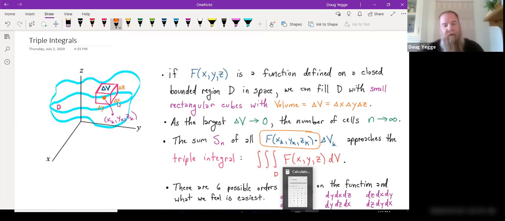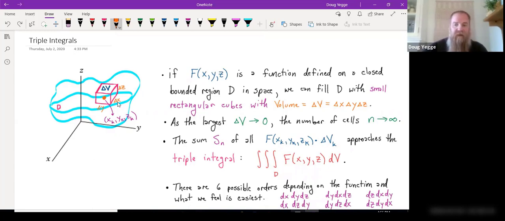And if we were to multiply that function value times the change in volume, then this simply becomes a triple integral, dv. So we could see here that if this is dv, there are actually 6 possible orders that we're going to be able to integrate using a triple integral.